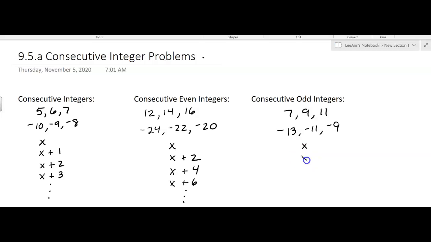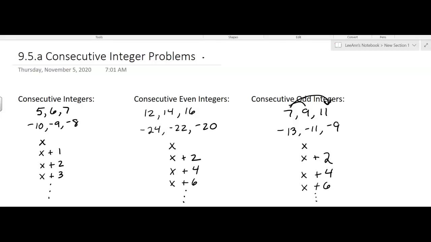The next one's going to be x plus, think about going from 7 to 9. It's got to be x plus 2. And then the next one's going to be x plus 4, because you'd take 7 plus 4 to get 11. Okay? And then x plus 6, and so on, depending on how many you need.